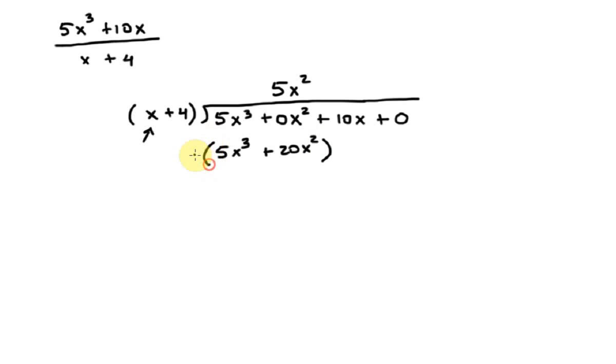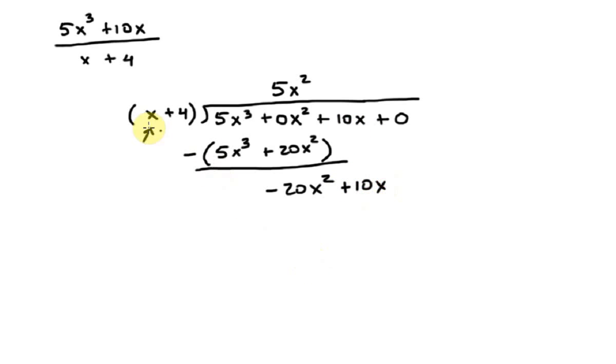Brackets, and I'm subtracting. Okay, so 5x cubed minus 5x cubed is gone. 0x squared minus 20x squared leaves me with minus 20x squared. And I'll bring down the next term, which is plus 10x.